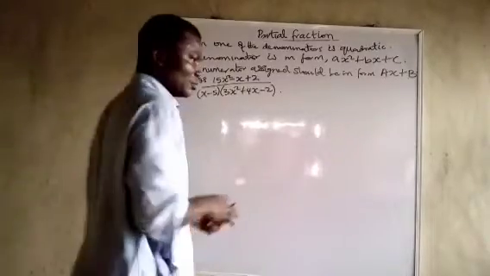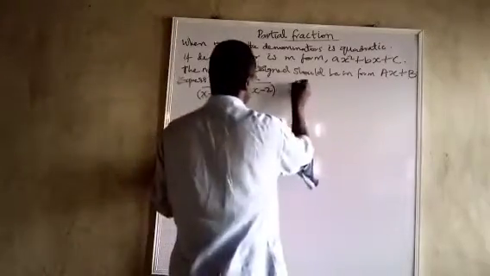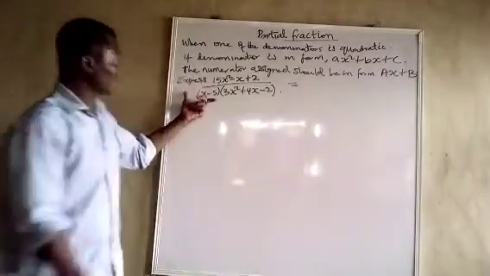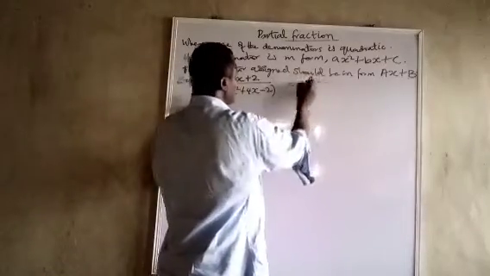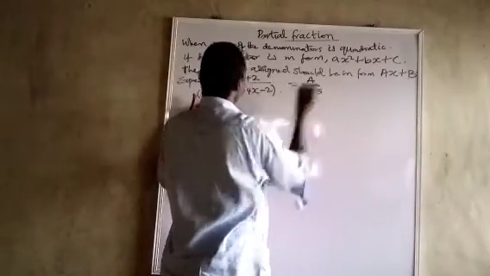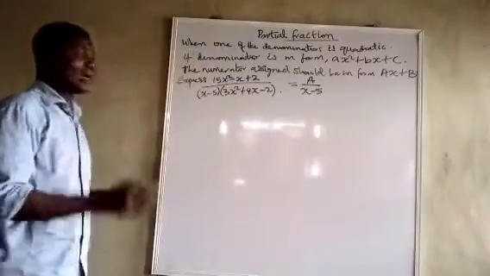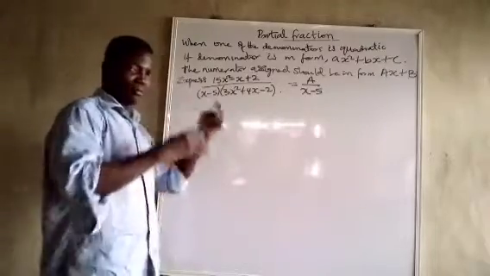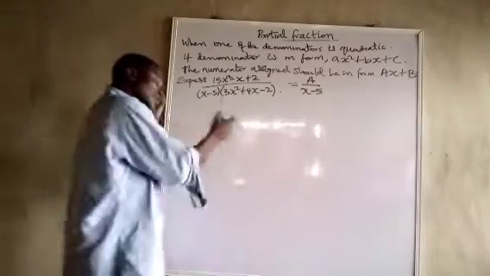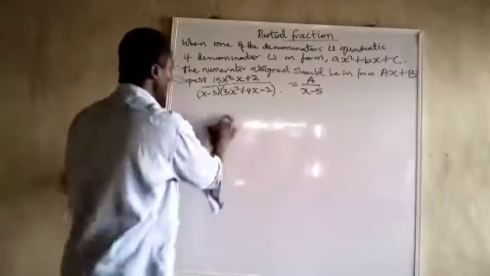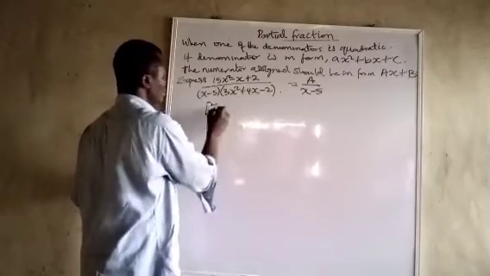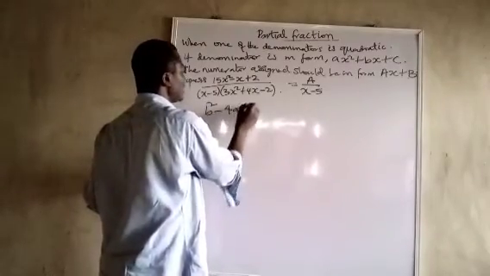Now, if you want to reduce to partial fractions, we are going to have it like this. You can see this one is linear, so we are going to have a constant on it. This one is quadratic, and we have to be sure that we cannot break it down further. How do we do that? We look at the discriminant, that is, b squared minus 4ac.